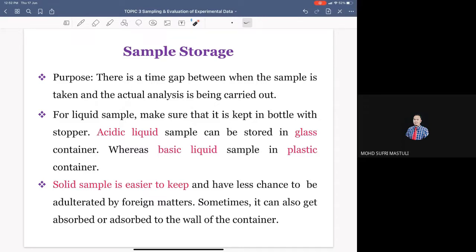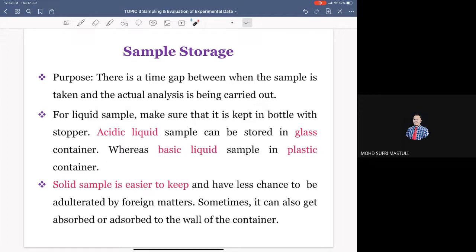If the liquid sample is acidic, we have to put it in a glass container. But if it's just a basic liquid, we can use a plastic container only.